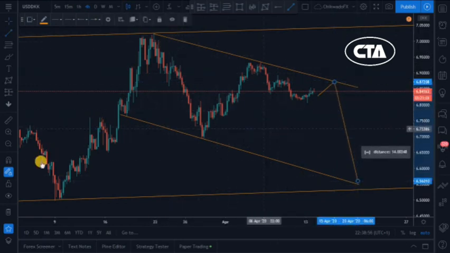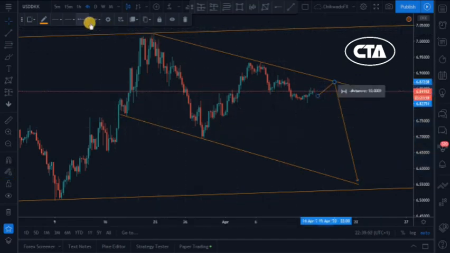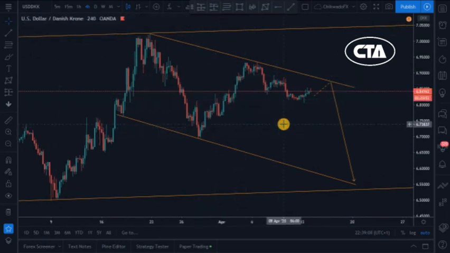But either way, with what we are looking at technically on the chart, we're expecting price to rally to the downside on this particular currency pair.